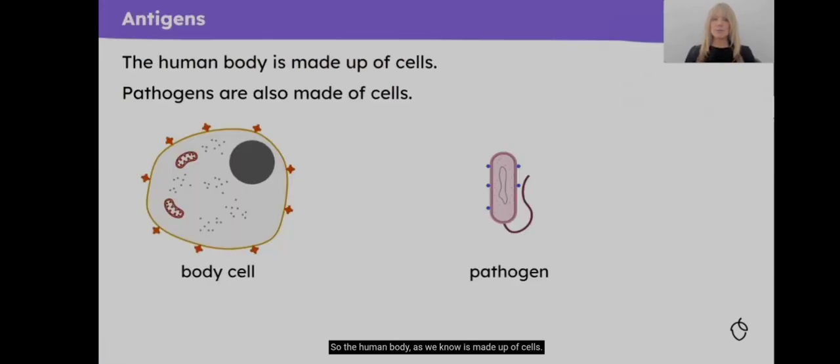So the human body, as we know, is made up of cells. Every part of our body is made up of a cell. And these cells make up tissues, the tissues make up organs, the organs make up organ systems, and then we make up an organism. But actually, a lot of pathogens are also made up of cells. An example of a pathogen would be a bacterial cell.